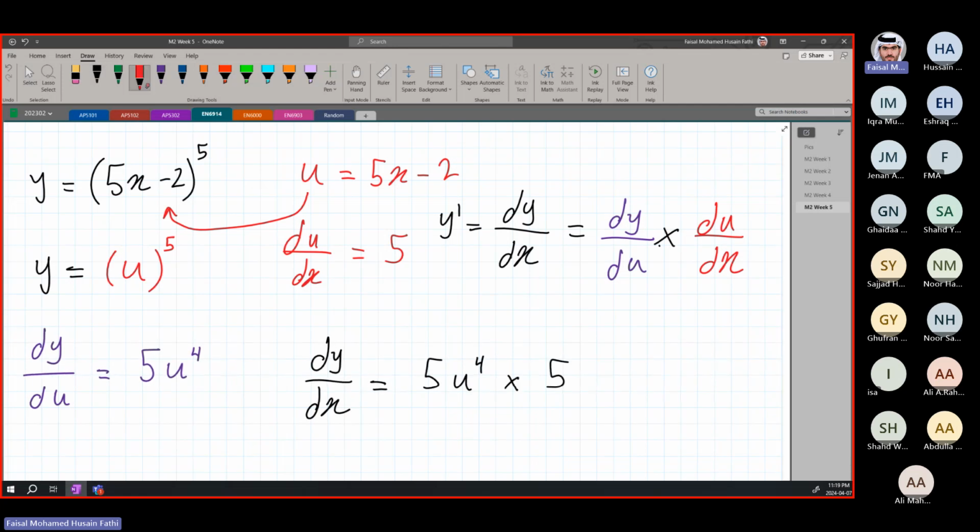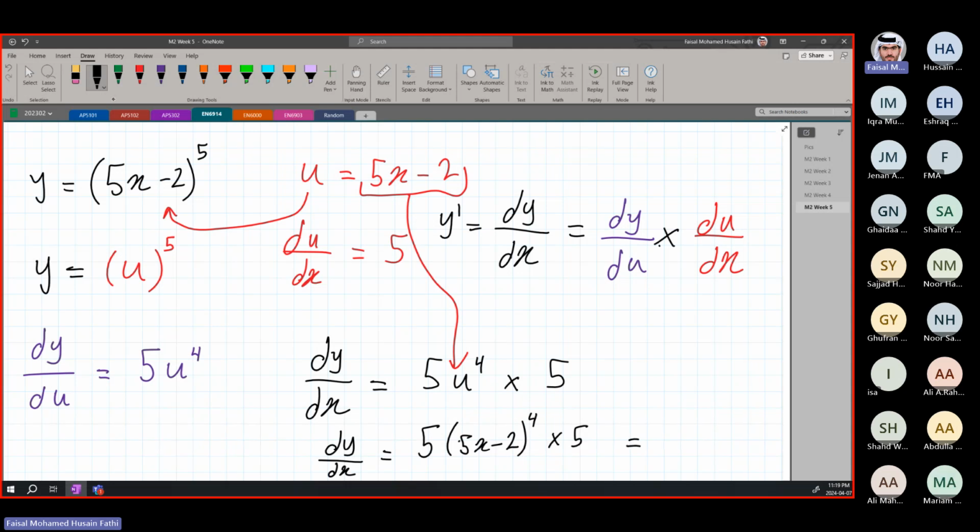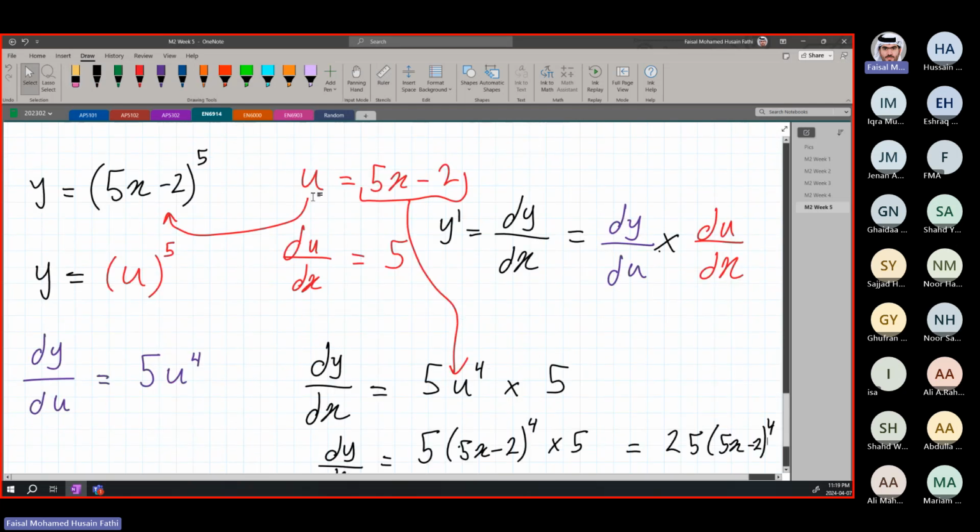Okay. Now we substitute u back in, because we want it in x. So dy by dx is equal to 5x minus 2 to the power of 4 times 5, which means it's 25 into 5x minus 2 to the power of 4. So this is the chain rule, how to apply the chain rule.